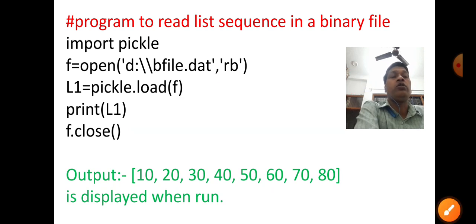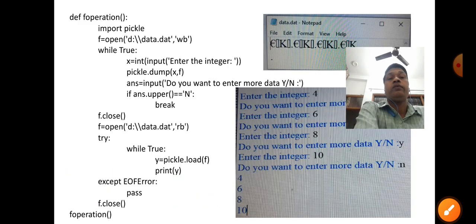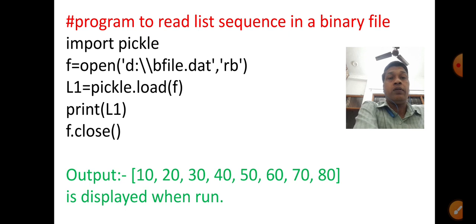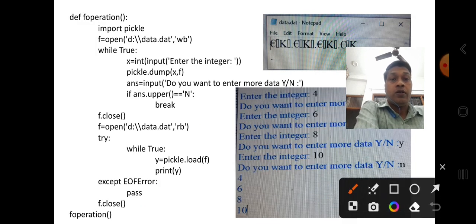This is also used here. You will open the file in read mode only. You have to use pickle dot load f. The file is read and the reference is y. You can print y.